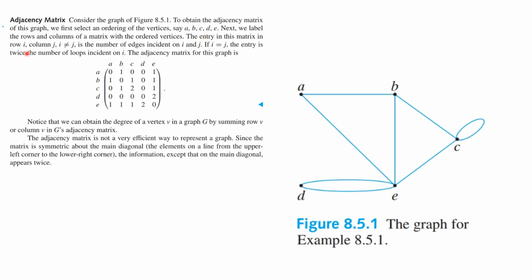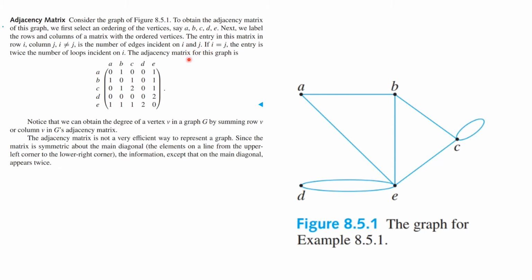The entry in this matrix in row I, column J, if I is not equal to J, is the number of edges incident on I and J. Now, if I and J have 1, that means they're connected in the graph.